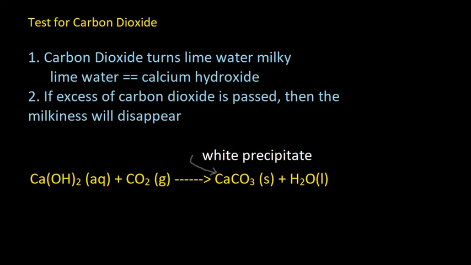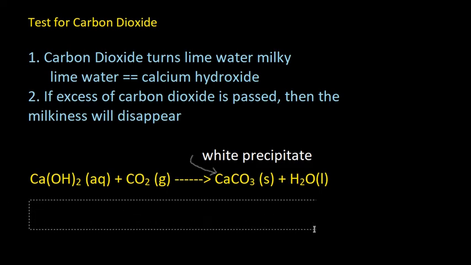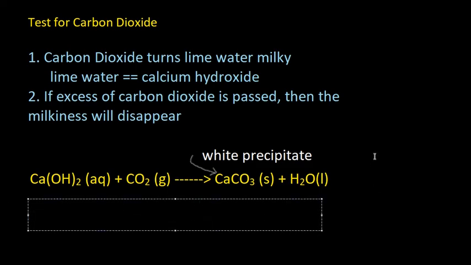Now what happens if we pass excess of carbon dioxide through it? So we are already having calcium carbonate, and we are having water. Okay, and if we go on passing more carbon dioxide through it, then what we get is calcium hydrogen carbonate.